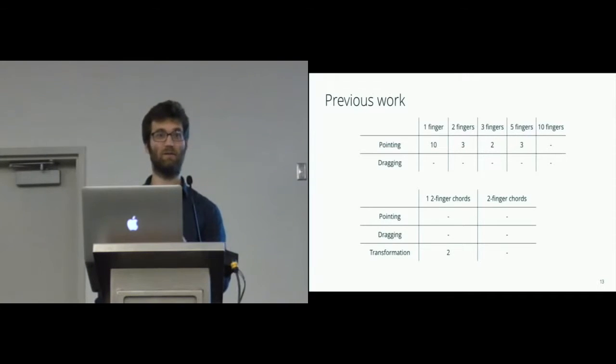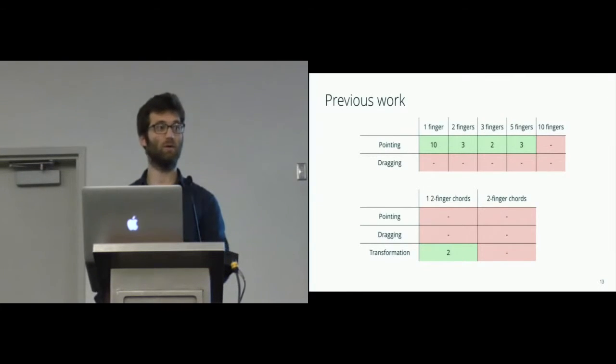In those works, half tested only one finger, a third tested between 2 and 4 fingers, and only 3 works tested all the fingers of the dominant hand. As for chords, only 2 works looked at transformation with a single 2-finger chord. So to our knowledge, no study looked at all 10 fingers for pointing or dragging. And the 2-finger chords still need to be evaluated. And that's where we place our work.